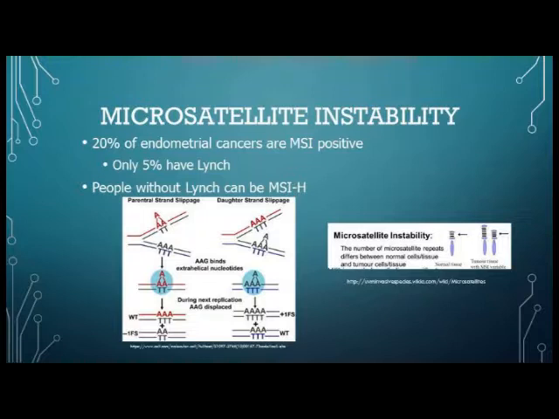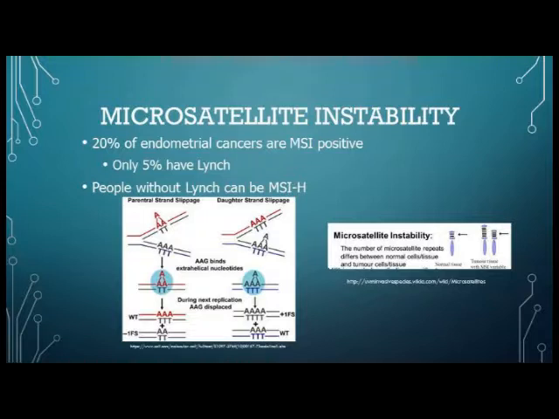So what exactly is microsatellite instability? That is a great question for a geneticist, but here's my explanation. Microsatellites are repetitive nucleotides. You can see AT, AT, AT. When something happens in DNA copying that you get an extra nucleotide in there, that is a microsatellite instability.